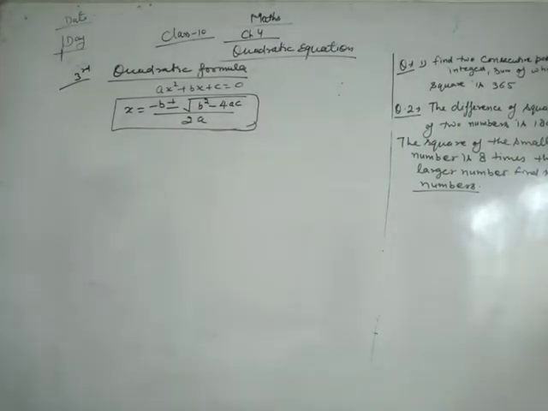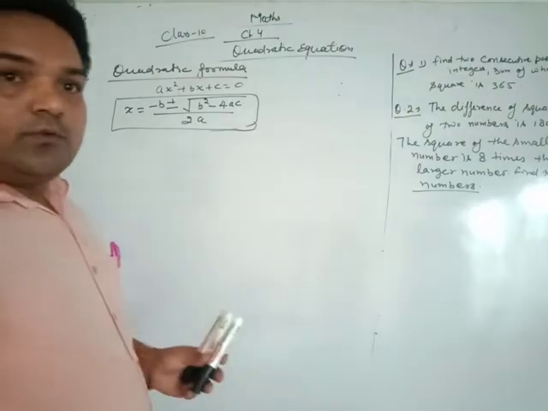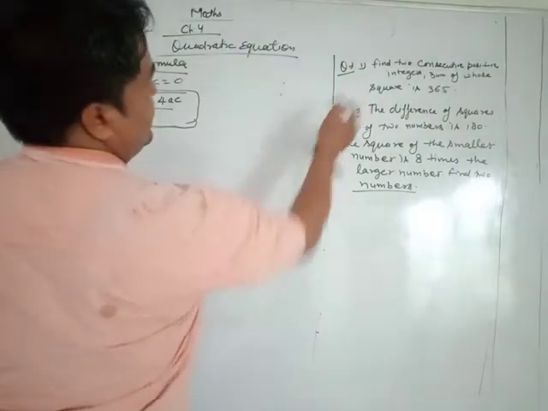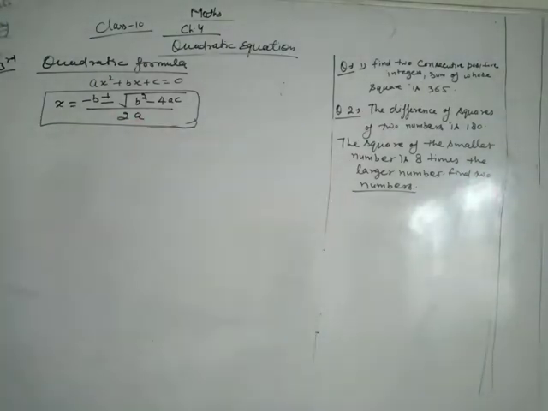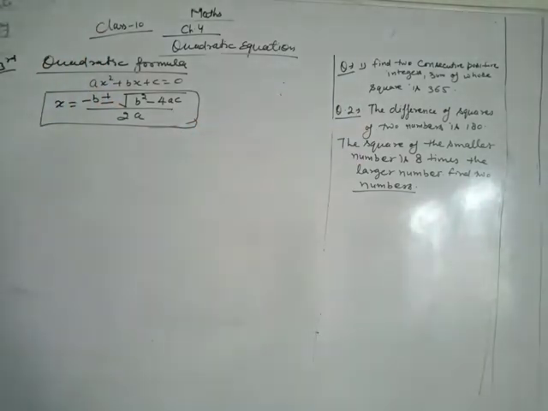Now we will solve question number first. Find two consecutive positive integers, the sum of whose squares is 365.